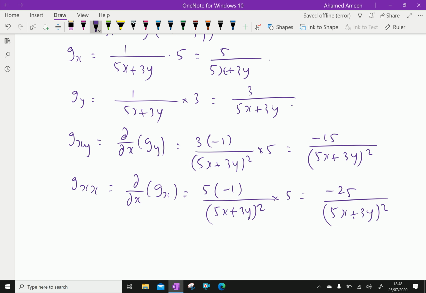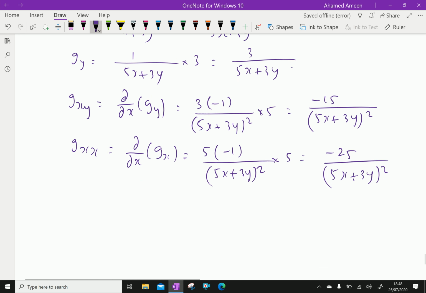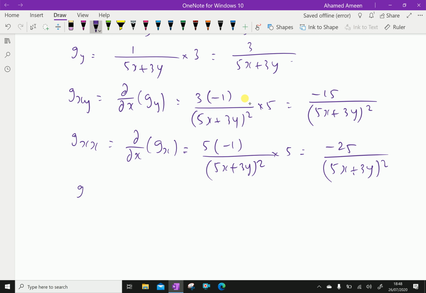Therefore g of x is now. Next g of yy, that is dou by dou y of g of y.